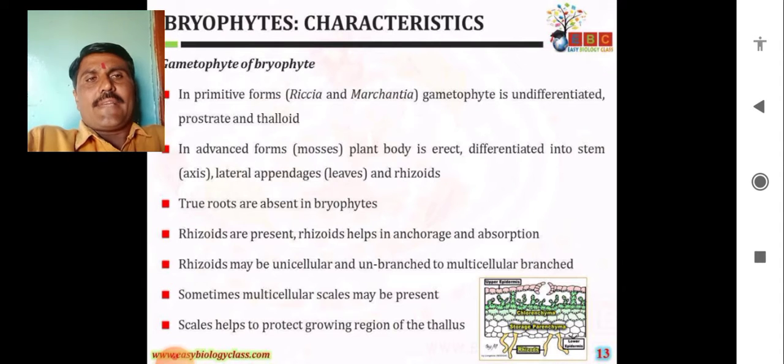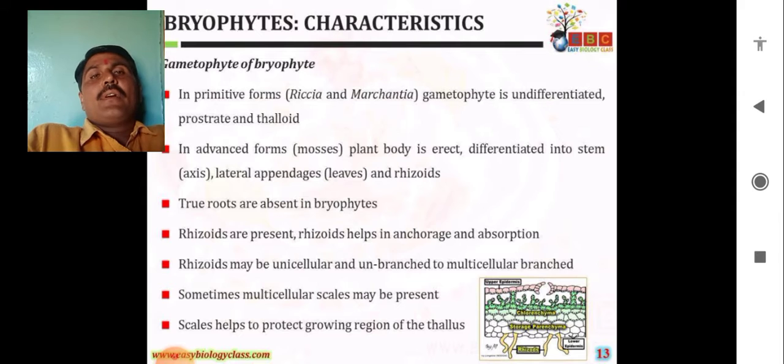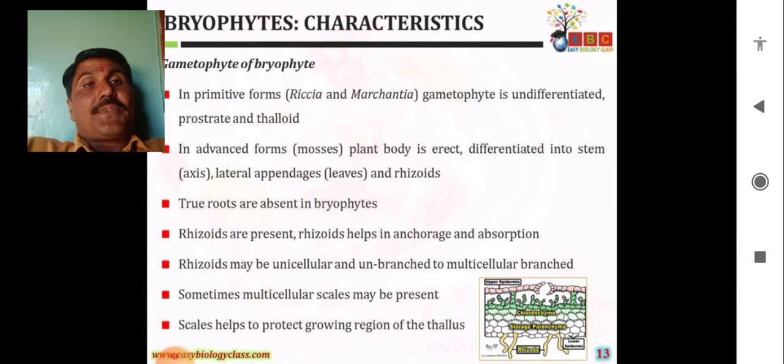True roots are absent in bryophytes, and in the same way the vascular tissues or vascular bundles are also absent in bryophytes.